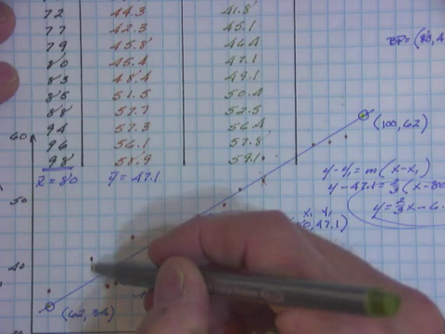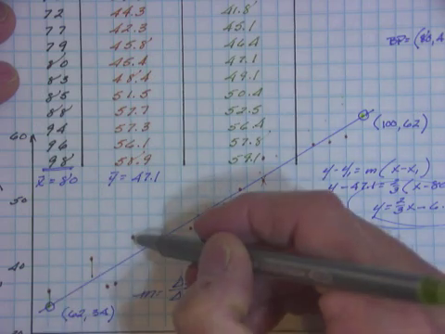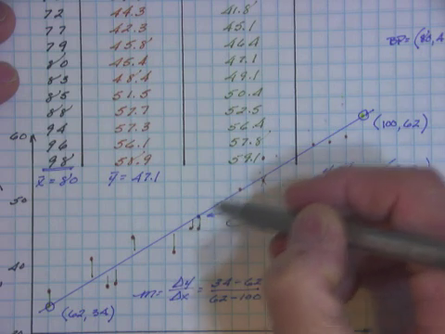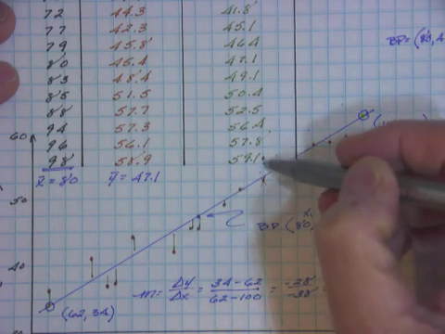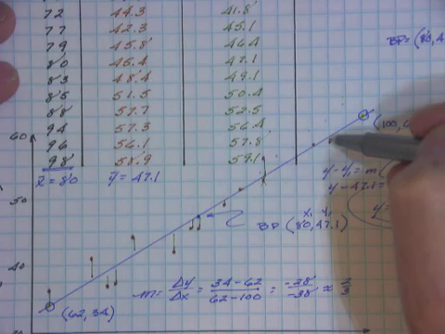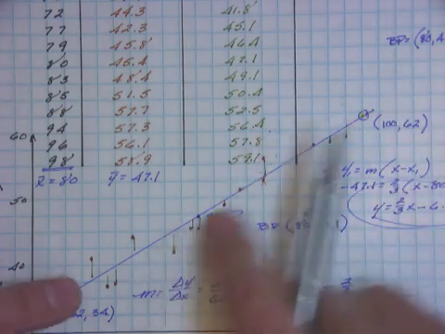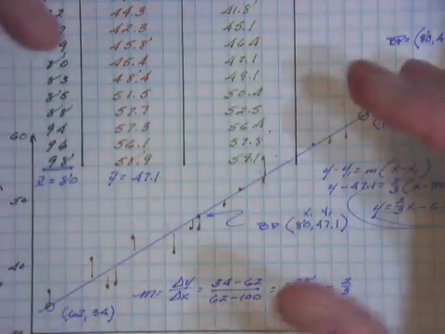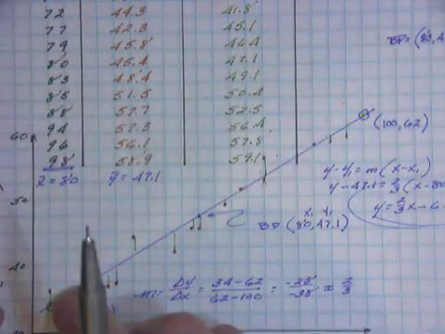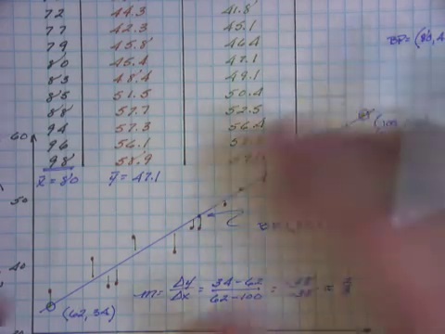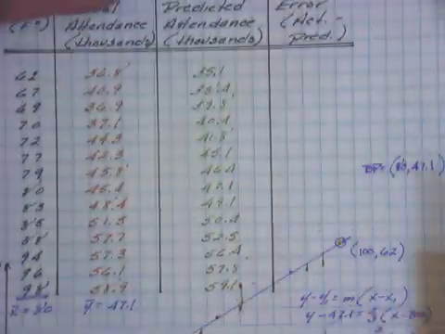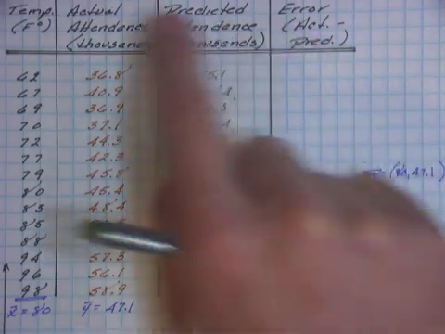Now, error comes in when you start measuring how far these actual points are from the line. It has to do with the distance that these points are off your best fit line, and you want these distances to balance out. In an ideal world, these dots would be exactly on that line and there would be no error, right?